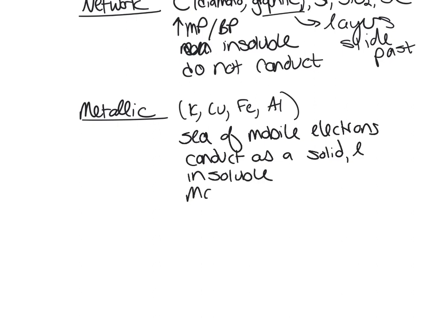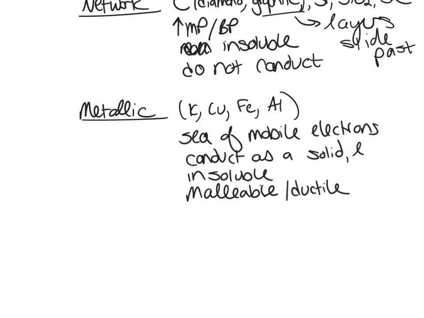Metals are malleable. What that means is that when you hit them with a hammer, they bend and they don't shatter. Whereas an ionic substance is going to shatter, because as soon as those ions move a little bit, you're going to have a positive next to a positive and a negative next to a negative, and therefore it's going to shatter. They're malleable and ductile, meaning you can draw them into a wire.